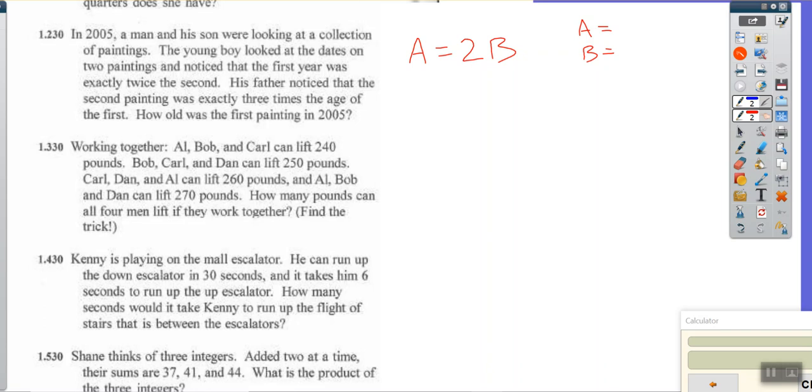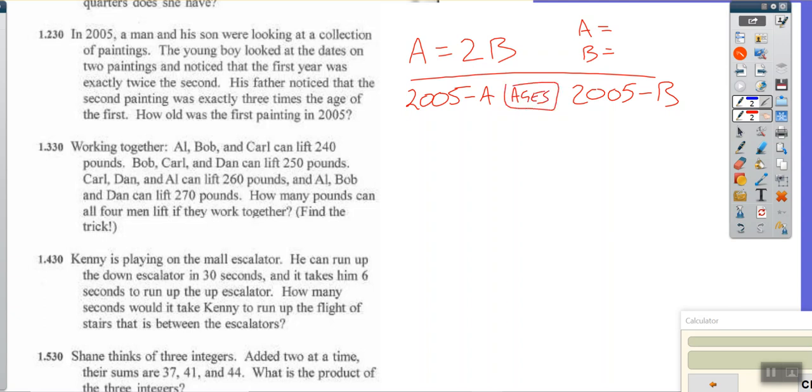So that means the age of A is going to be 2005 minus A, and the age of B is going to be 2005 minus B. So those are their ages.